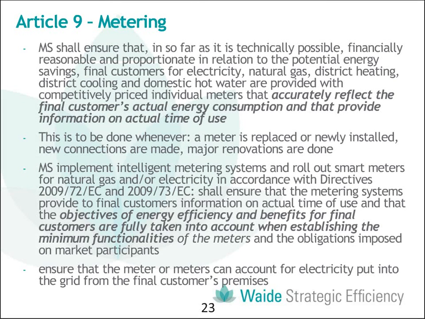And this is in accordance with a different set of directives which are indicated here. But there is an overlay from the Energy Efficiency Directive onto the requirements within those directives. And lastly, to ensure that the meters are able to account for electricity sold back into the grid from the final customer's premises.